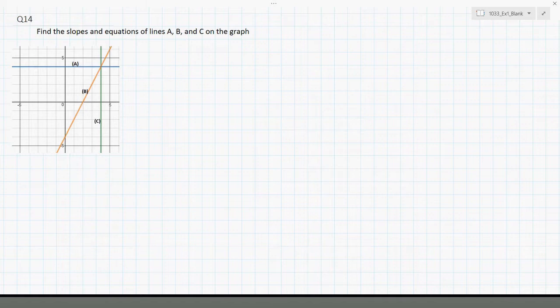Okay, so find the slopes and equations of A, B, and C on the graph. This is going to be more of a call-out thing. There are 6 parts to this because there are 3 lines, and each one requires 2 things. So we're going to call them out pretty quickly.